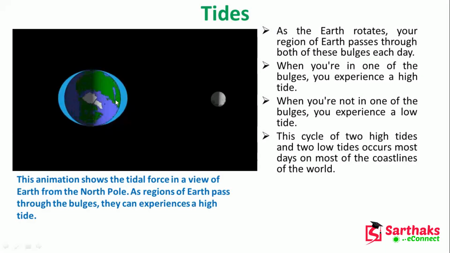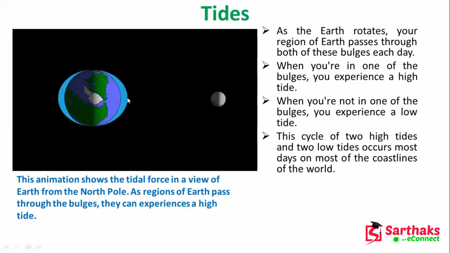So the portion of the earth that is very near to the moon, in that portion the tidal force will be acting. And when this tidal force is acting, you can see that whatever water bodies you have in that portion will bulge out.